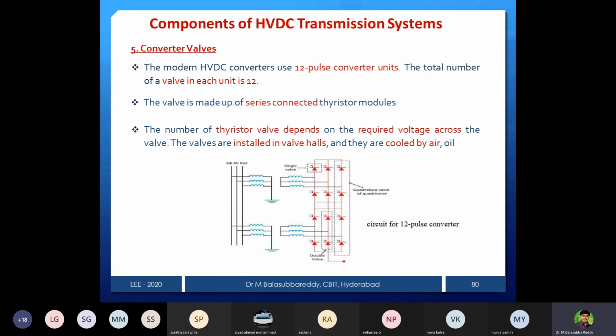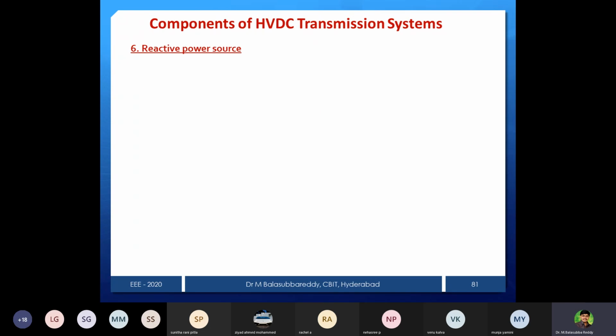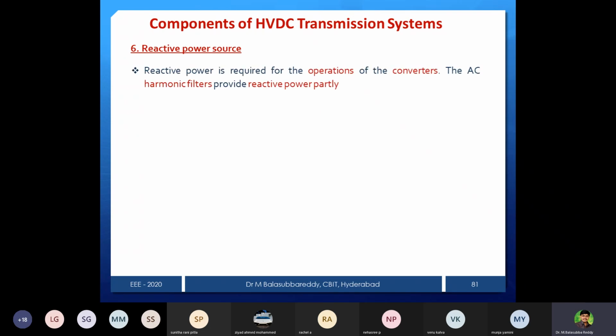This is the 12 pulse converter as I showed earlier. Another one is the reactive power source. The reactive power is required for the operation of the converters, because based on the load demand, reactive power compensation is required on the AC side, but not on the DC side. AC harmonic filters provide the reactive power to some extent, but you can use some more filters or components to minimize, control or compensate the reactive power.